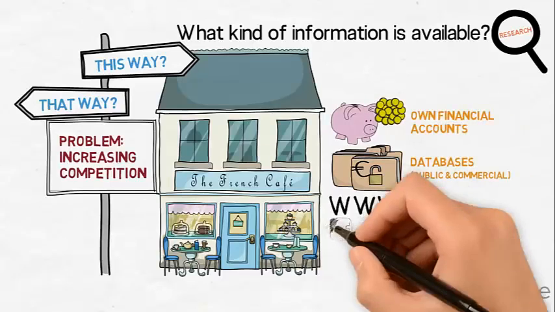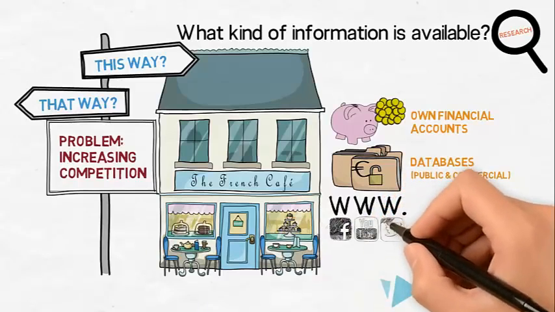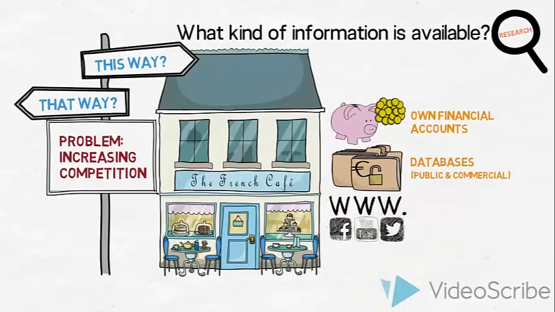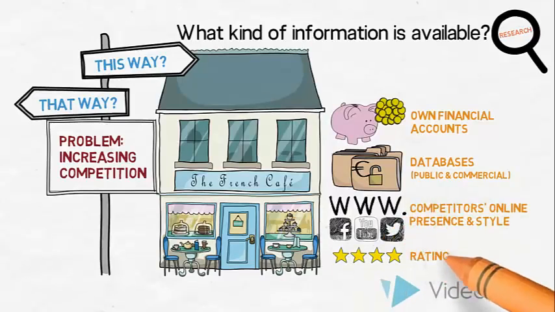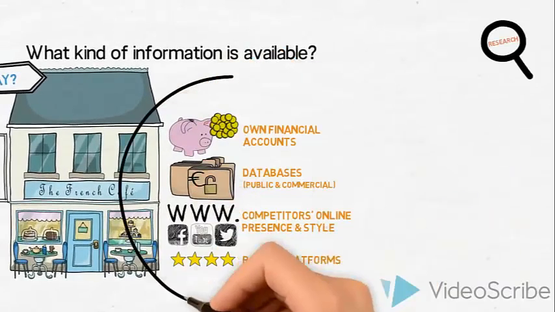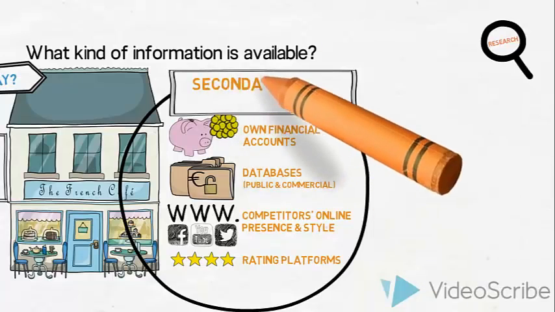They could visit the competitors' websites, social media sites, and perform online searches to collect information about the different competitors' online presence and communication style. They could also access TripAdvisor or similar platforms to find out how customers review the competitors. We call this type of research secondary or desk research.